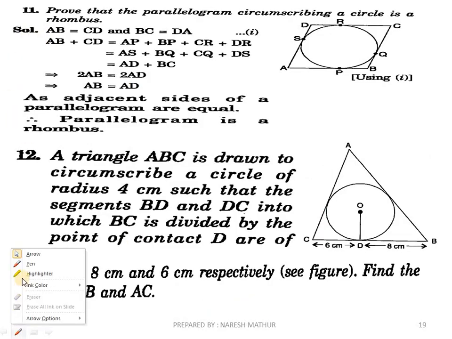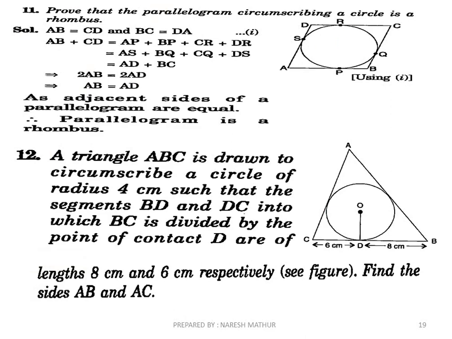In the 11th one, this question is the same as question number 8, but we are given ABCD as a parallelogram. So we'll prove till AB plus CD equals AD plus BC as we did in question number 8. Now we are given ABCD as a parallelogram, so we can write AB plus CD as twice AB and AD plus BC as twice AD, as the opposite sides of a parallelogram are always equal.